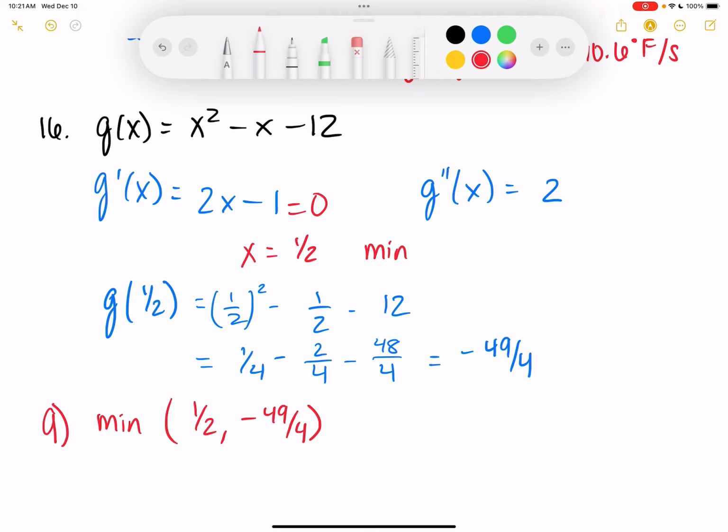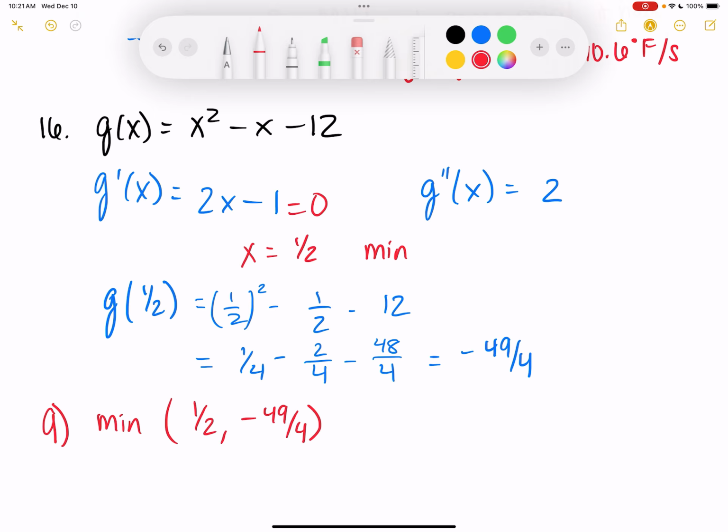And then for increasing and decreasing, we're just looking at what's happening to this function. This original function is just a parabola opening upward because it's positive. And so basically I know that it's decreasing until I get to my vertex, and then I'm increasing. And so the min value is where that's happening.